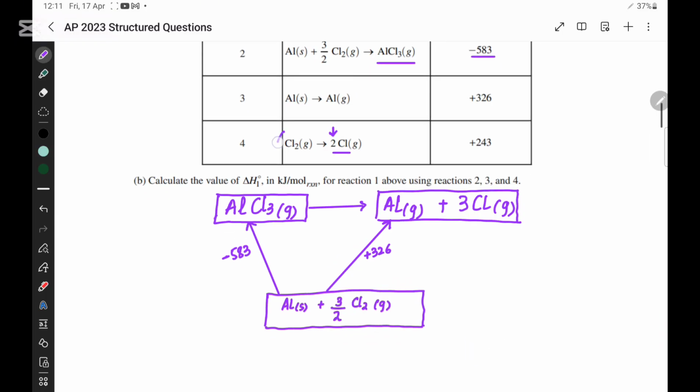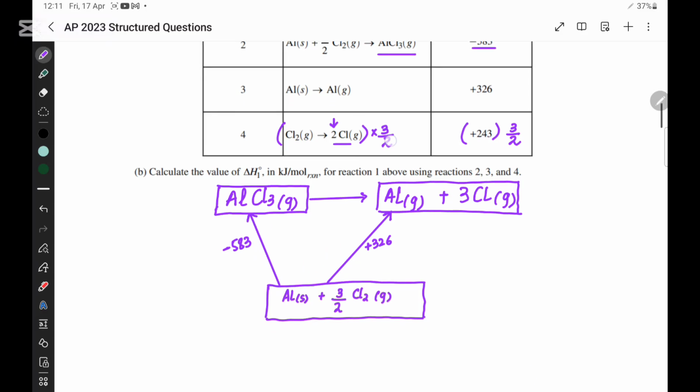By multiplying this one with 3 by 2. If this is multiplied with 3 by 2, then that also needs to be multiplied with 3 by 2. In that case, it was forming 2Cl, but we want 3Cl there. So when we multiply by 3 by 2, it comes out to be 3Cl. So that's why we have to multiply its enthalpy with 3 by 2 as well, times plus 243.